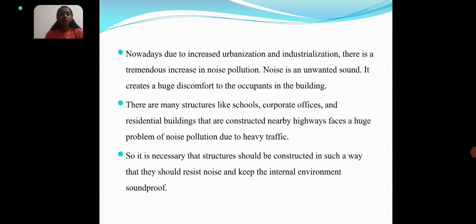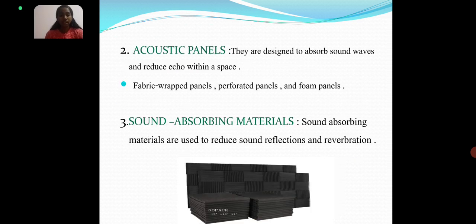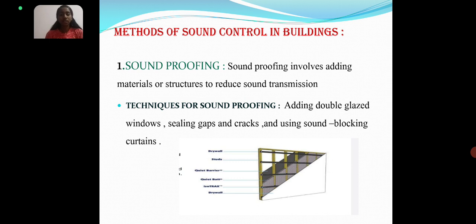So, let's look into the methods of sound control in building. So, the first one is soundproofing, and the second one is acoustic panels. The third one is sound absorbing materials. Now looking into the first one, that is soundproofing.